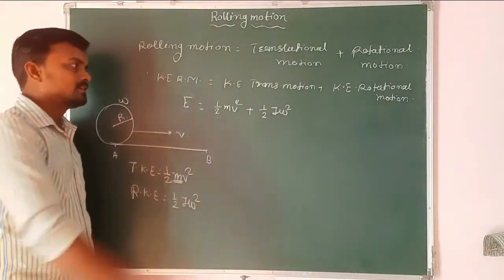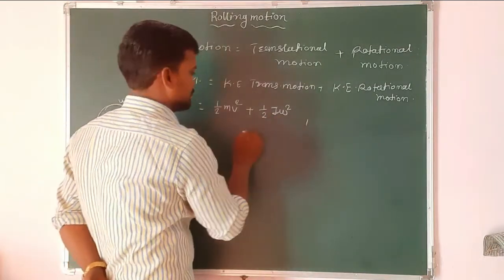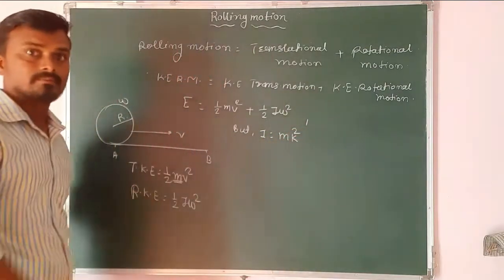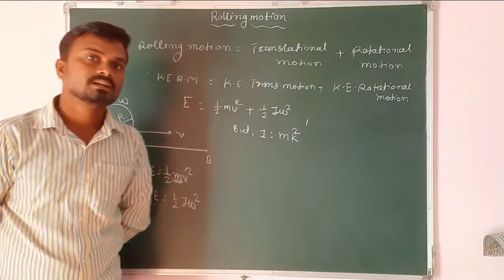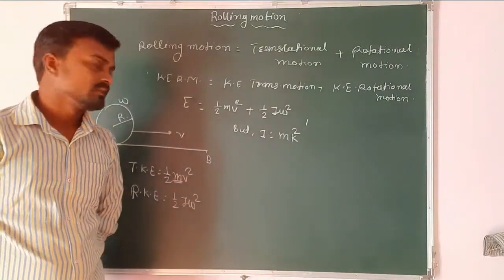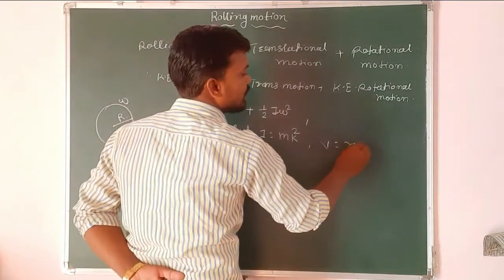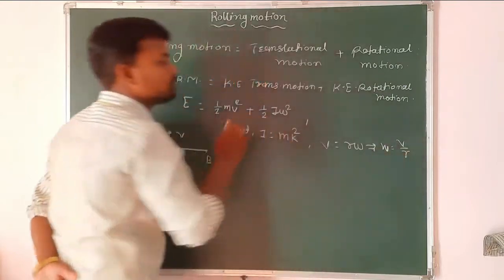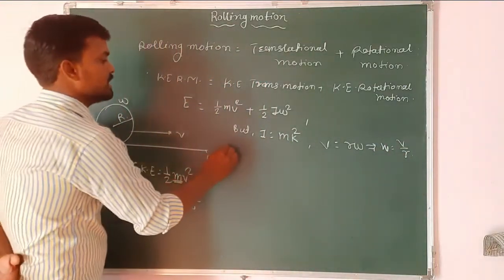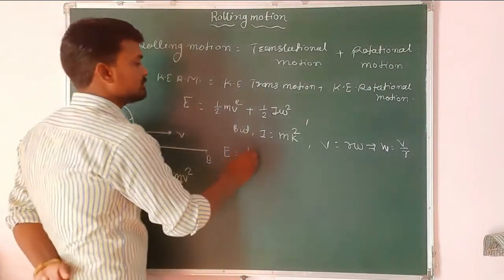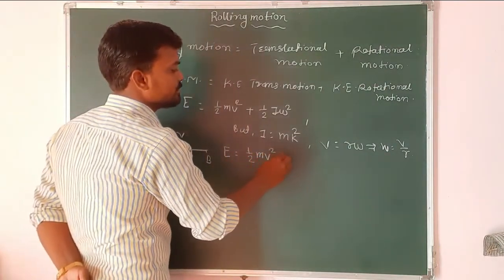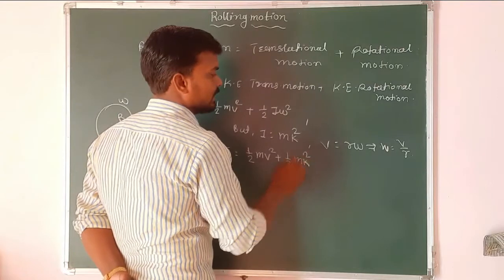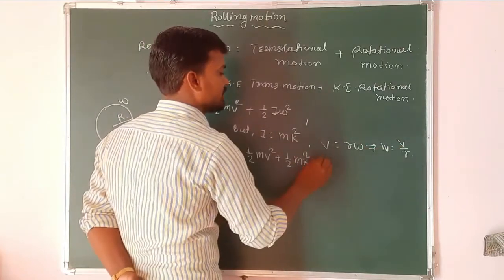But I is equal to mk square, where k is the radius of gyration about the given axis, and v is equal to R omega, that gives omega is equal to v by R. If we put these two values in this equation, then we get kinetic energy of rolling motion E is equal to 1/2 mv square plus 1/2 mk square times omega square, and omega square is v square by R square.